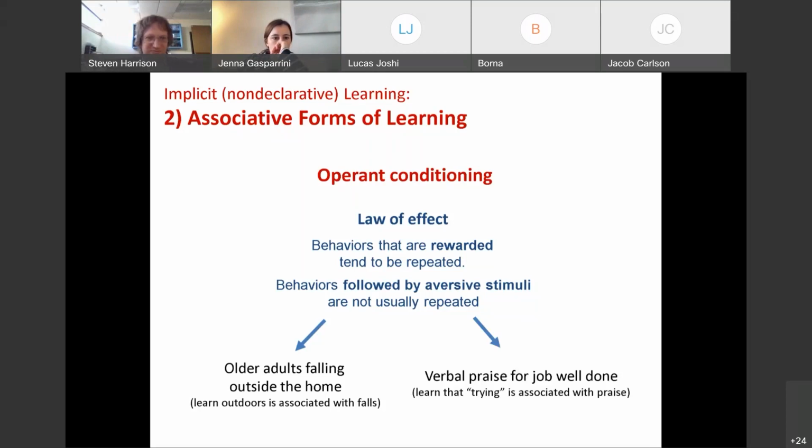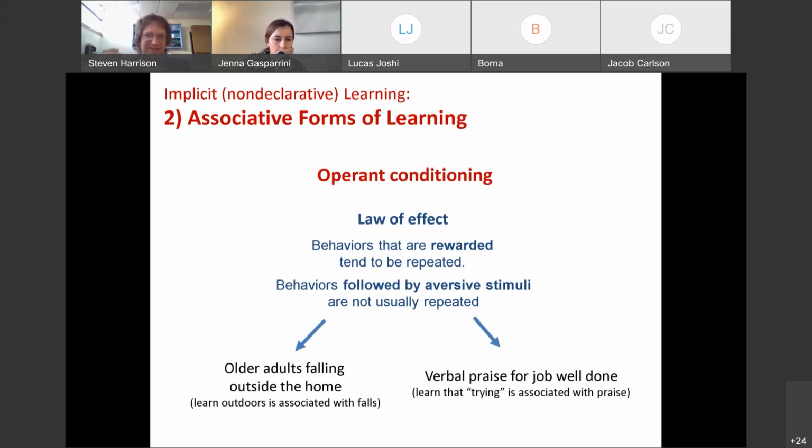Another example, verbal praise for a job well done. So by giving verbal praise, you're training a patient that trying is going to be associated with a positive outcome.